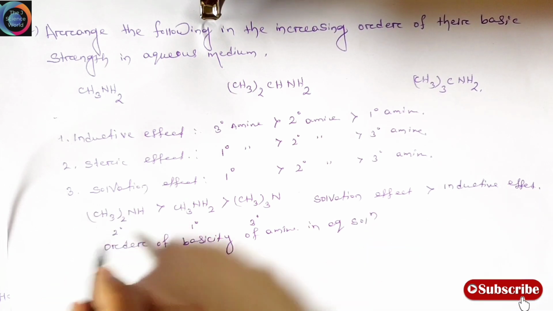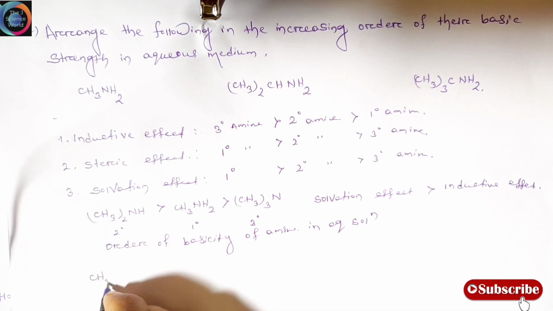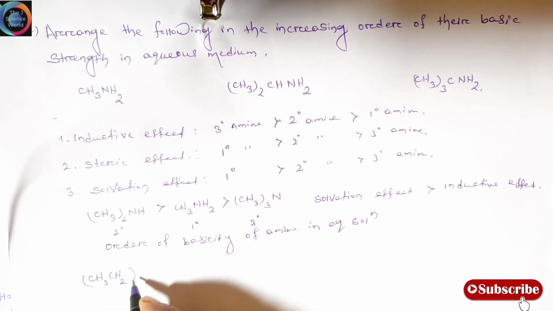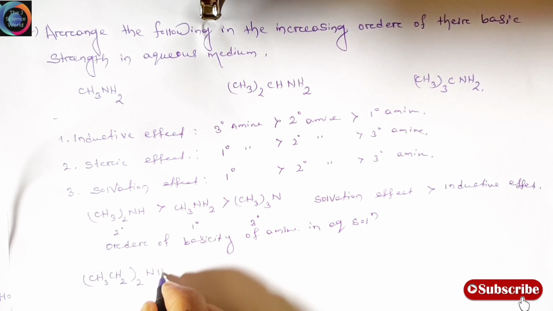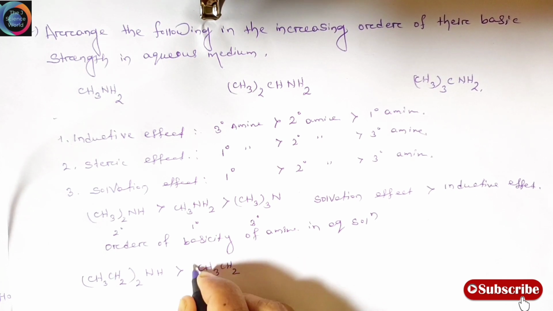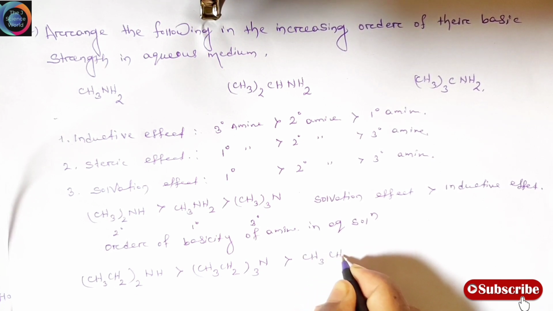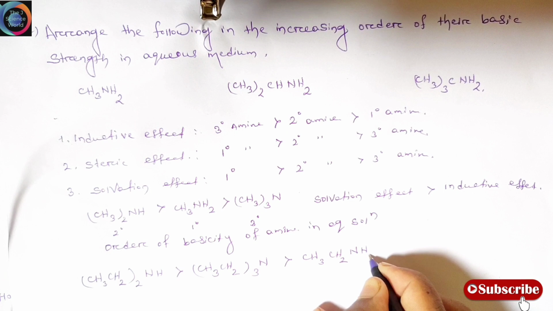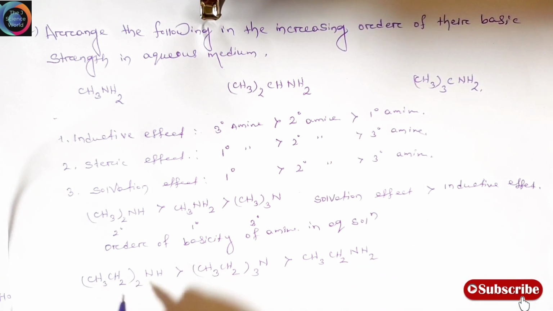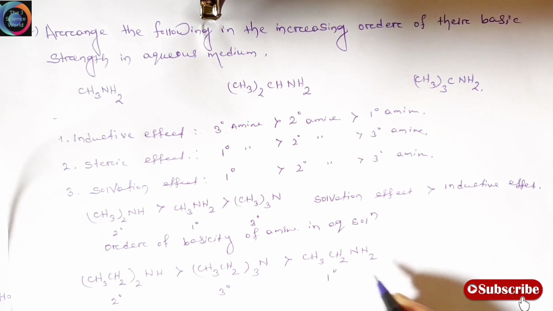But friends, when we take the ethyl group, that is CH3CH2, in this case this is our secondary amine, this is our tertiary amine, and this is the primary amine.